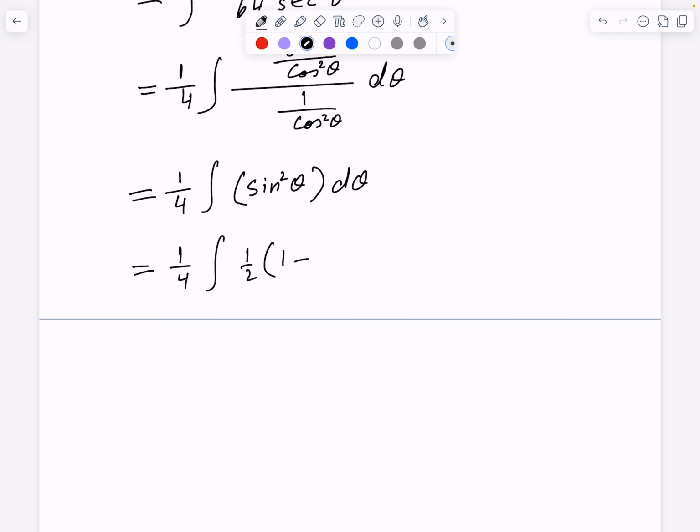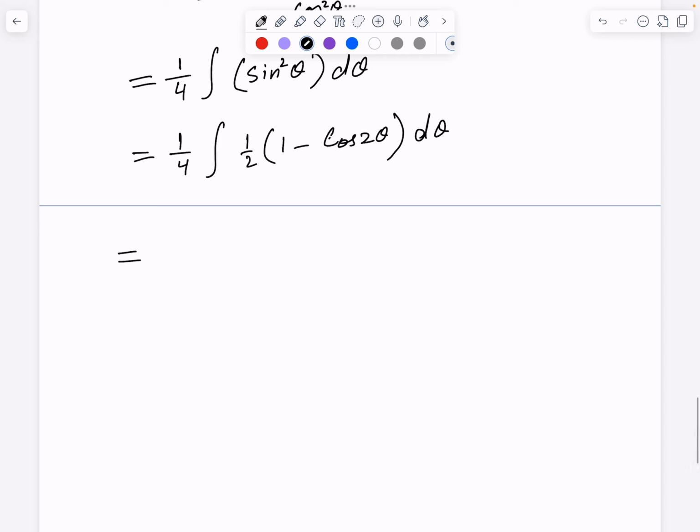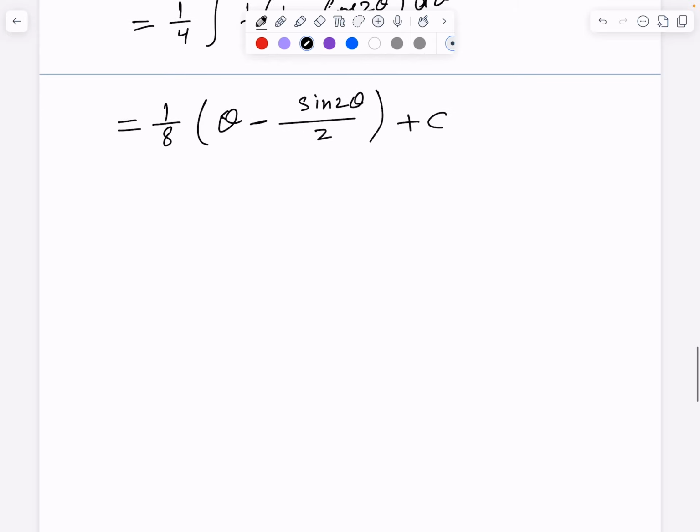And sine squared is 1/2 times 1 minus cosine 2 theta d theta, and then we're going to have 1/8 integral of 1 minus cosine 2 theta, which is going to be theta minus sine 2 theta divided by 2, plus c. So sine 2 theta actually is 2 sine theta cosine theta.